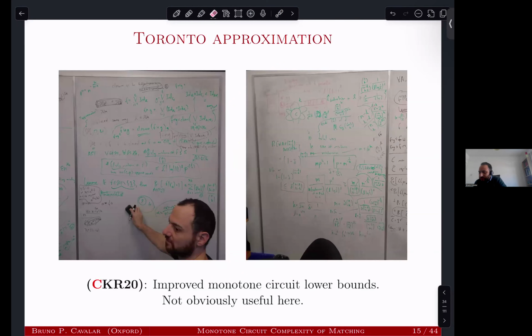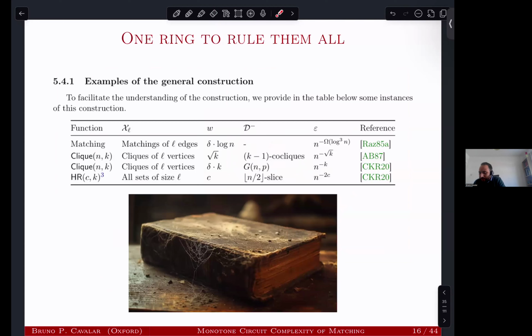But it seemed that this wasn't obviously useful for several properties that the perfect matching function had. But at least I could see that if you took this approach of monotone circuit bounds from robust sunflowers that Rossman developed, you could solve that little problem of Jukna of making sure that matching wasn't the odd one out.